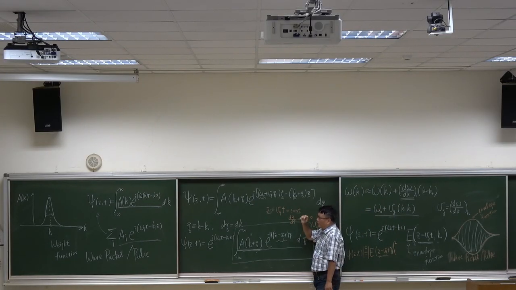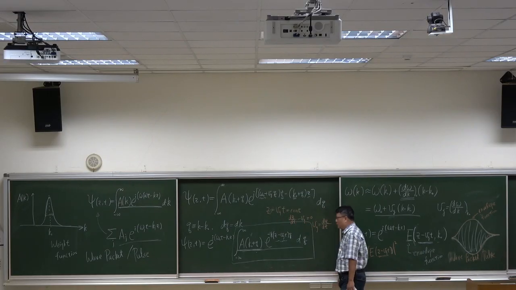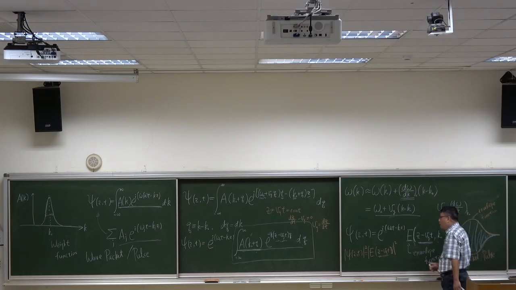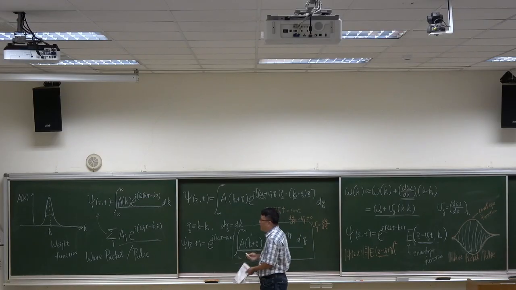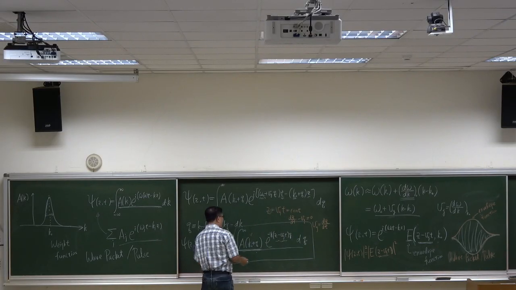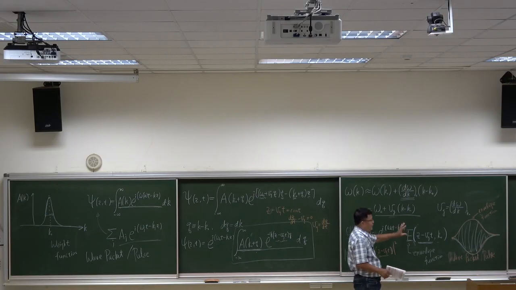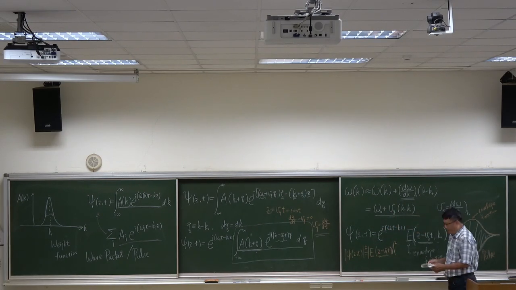好，我现在来解释简化了什么东西。So in this derivation, we have made some approximation. So we finally get the conclusion that the wave packet moves with the velocity equal to the so-called group velocity.